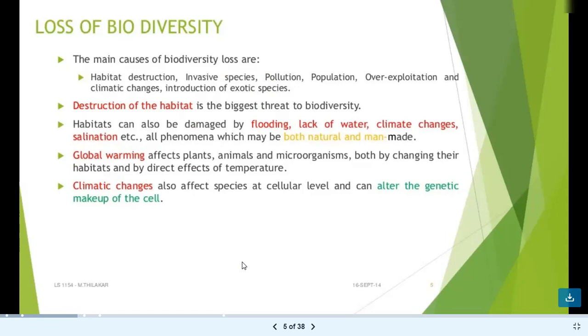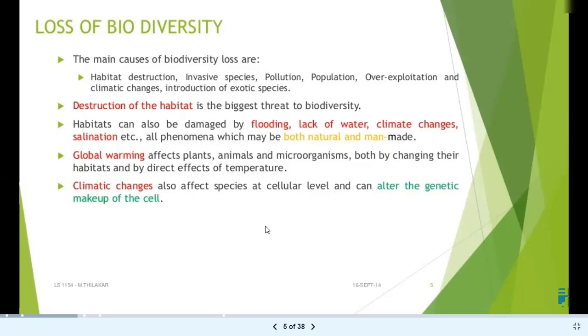Second, destruction of the habitat is the biggest threat to biodiversity. Habitats can also be damaged by flooding, lack of water, climate changes, salination, etc. All phenomena which may be both natural and man-made.